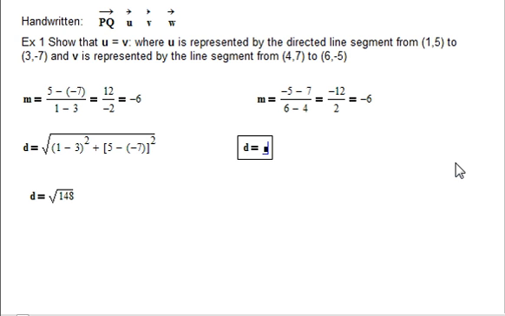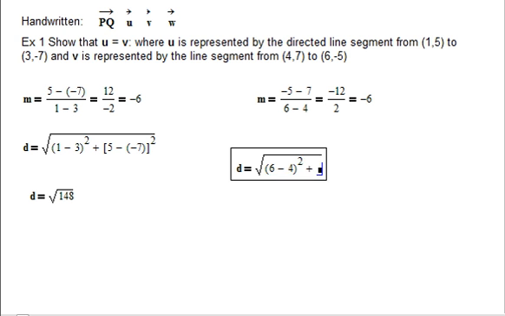So the distance here would be square root of 6 minus 4 quantity squared, plus negative 5 minus 7, that quantity squared. And so I think you can see, yeah, guess what we get? Square root of 148, because this is 4 and that's 144.